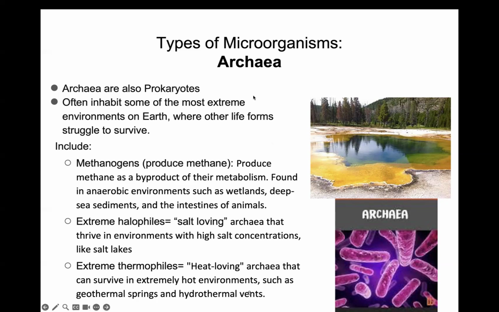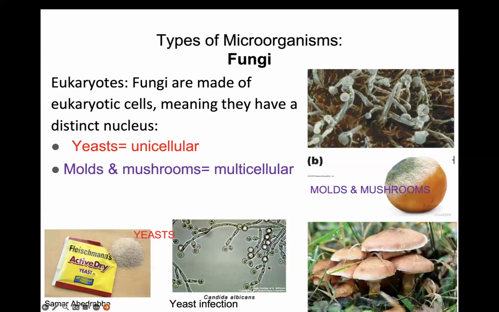And then there's archaea that are methanogens, meaning they produce methane. When they do their metabolism, they produce methane like in the intestines of animals and other things. So all I want you to get from this slide is another type of microbe is archaea. They're prokaryotes and they usually live in extreme environments.